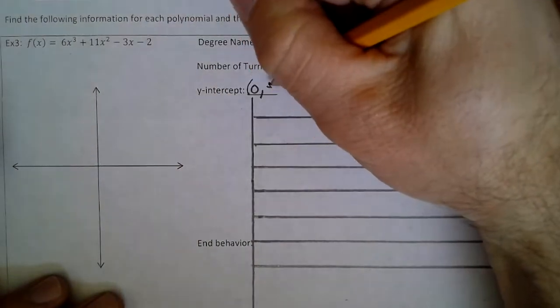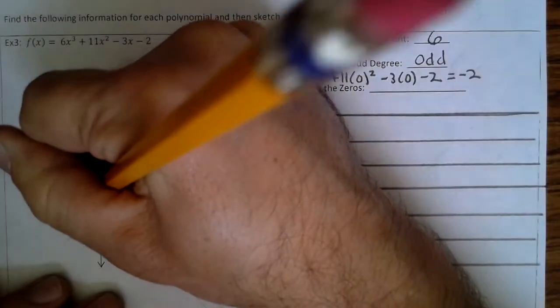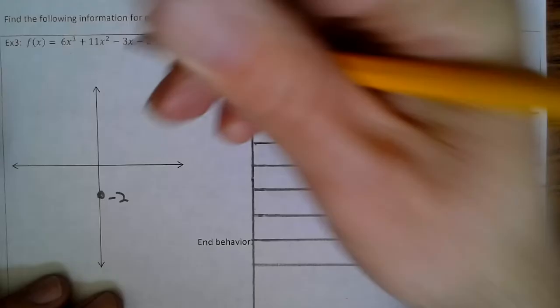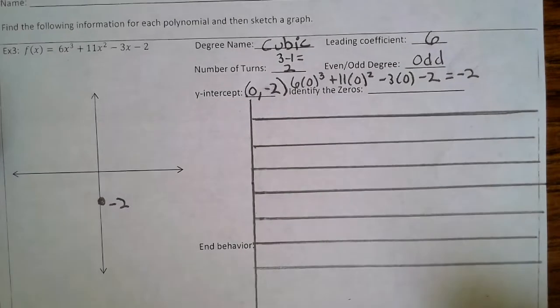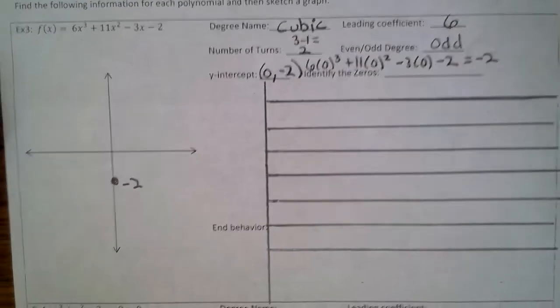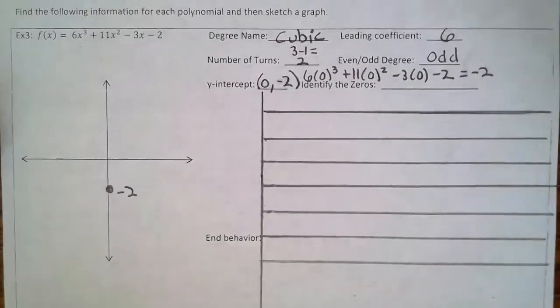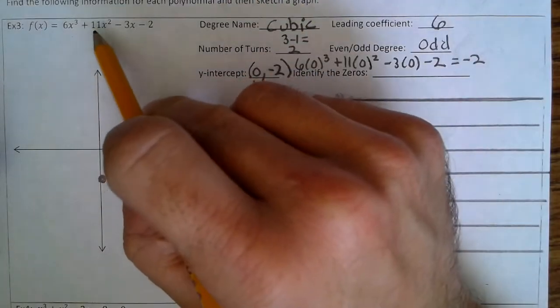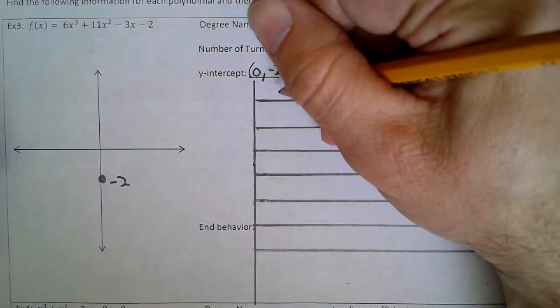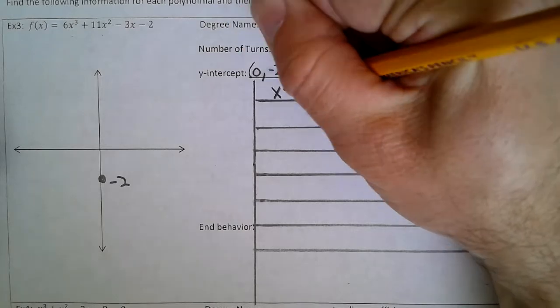All right. Now at this point, we need to find the zeros, and we're going to try to factor. So it looks like we can factor out an x squared, which leaves 6x plus 11. We can factor out a negative 1, which leaves 3x plus 2 equals 0.